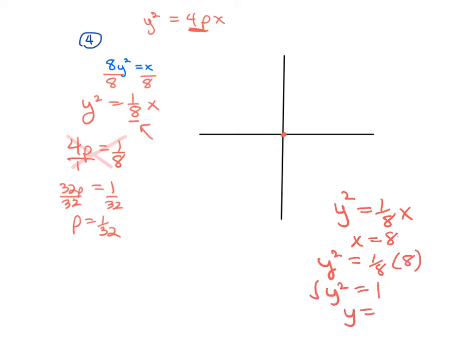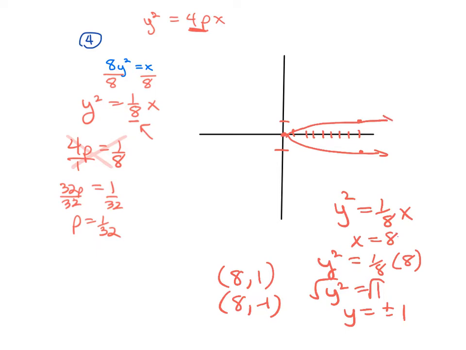So y equals, when I square root it, plus and minus 1. So I could graph the ordered pairs (8, 1) and (8, -1). Let me count 1, 2, 3, 4, 5, 6, 7, 8. And then I can put a point here and here. So here is my C shape. It's a sideways parabola.